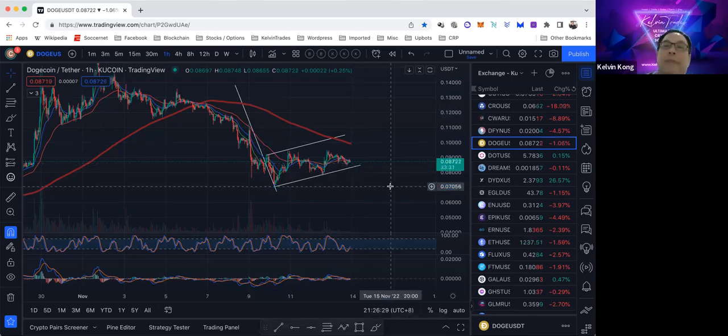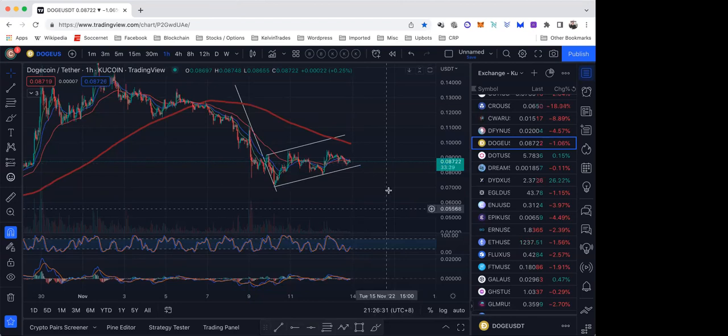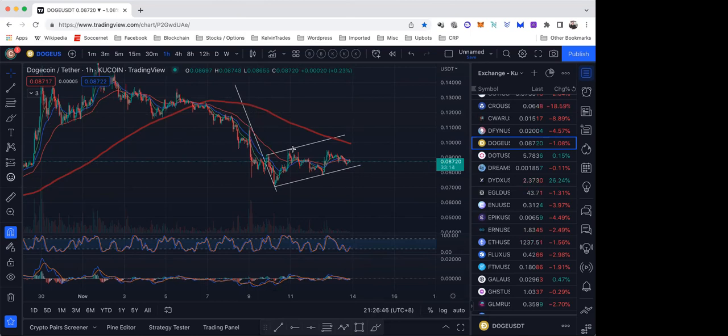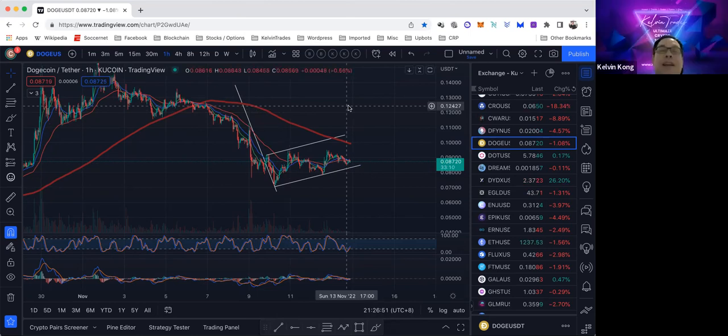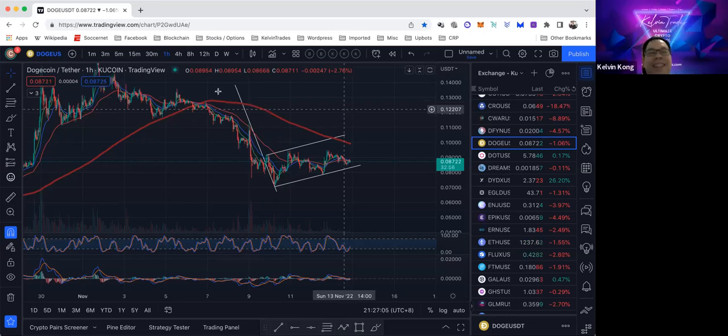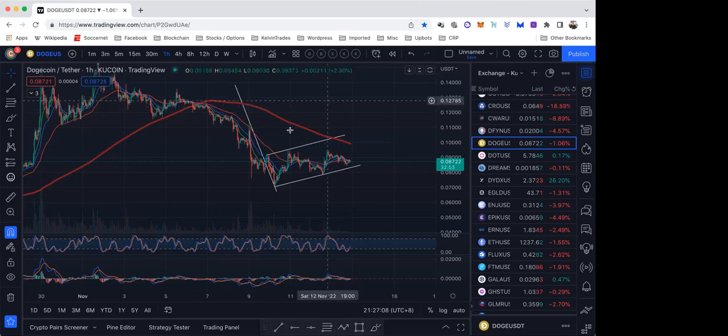I don't know what this pattern is. 32 of you, nobody knows. Oh, my drawing is so bad, you cannot even tell what it is. Flag, yeah, flag. So what flag, bullish or bearish? Looks like bullish. Some say bearish. One says bullish, one says bearish. So how? Fight. Higher low.